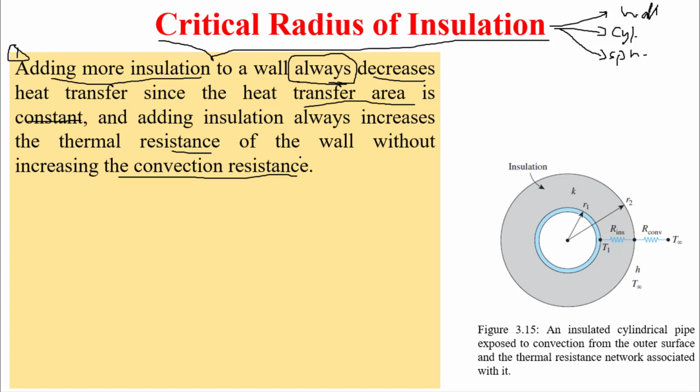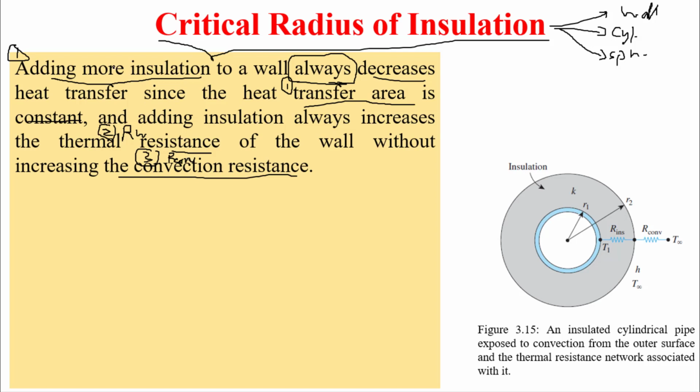So here we mentioned several parameters: the surface area, the thermal resistance of the wall, R wall, and at the end the convection resistance, R convection. And this is always the case.